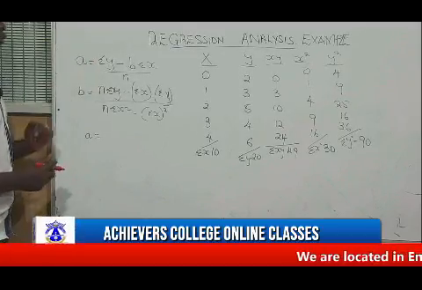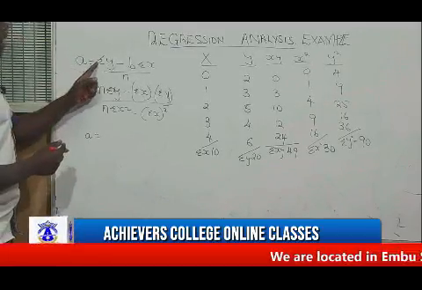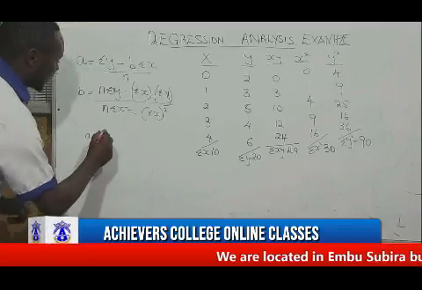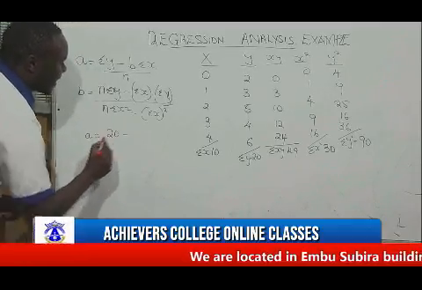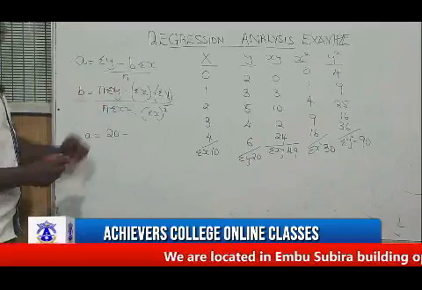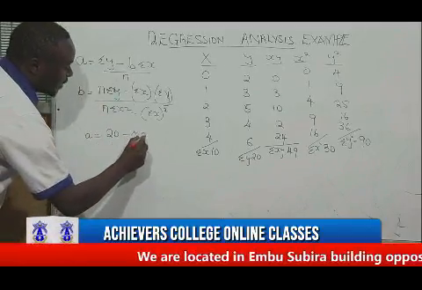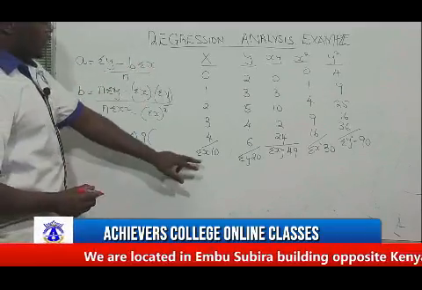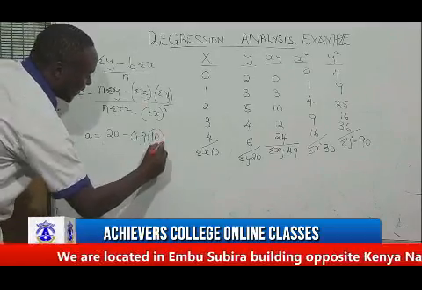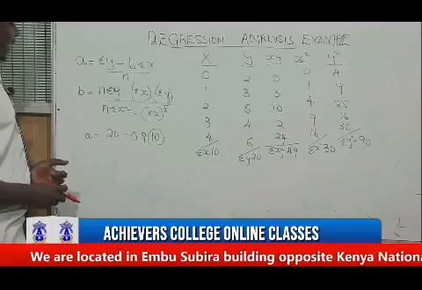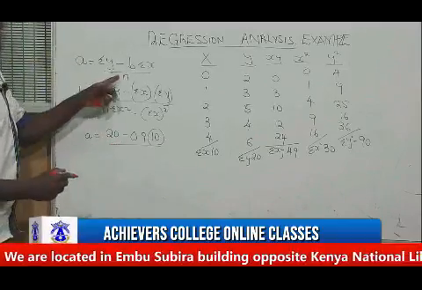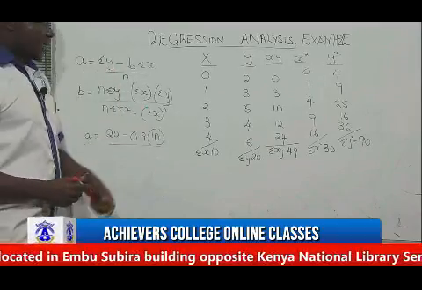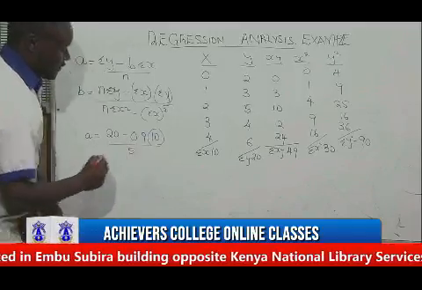We need to take the summation of y, which we are obtaining here. We are saying it's 20, and then we minus b, which we have said is 0.9, multiplied with the summation of x, which is 10. Then you divide by your n, and I've said that n is the number, which is 5.